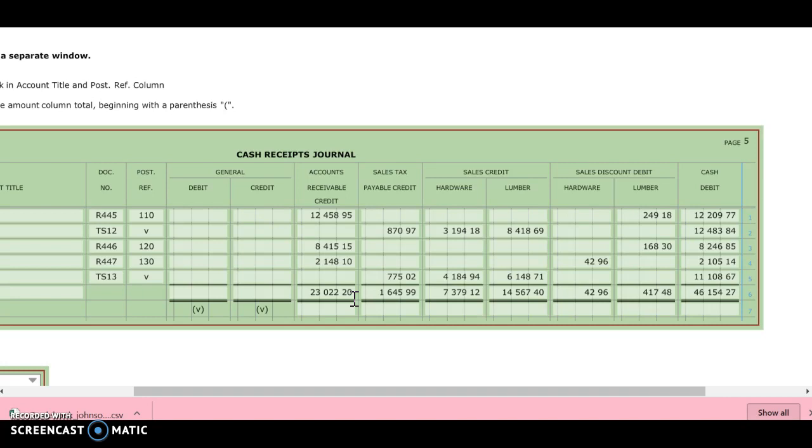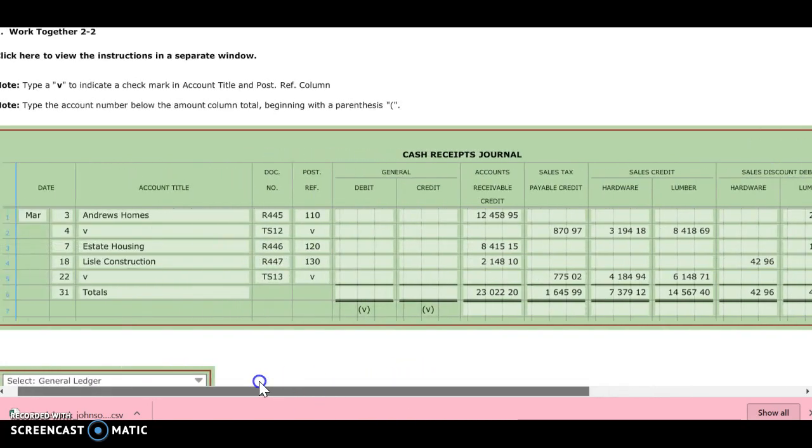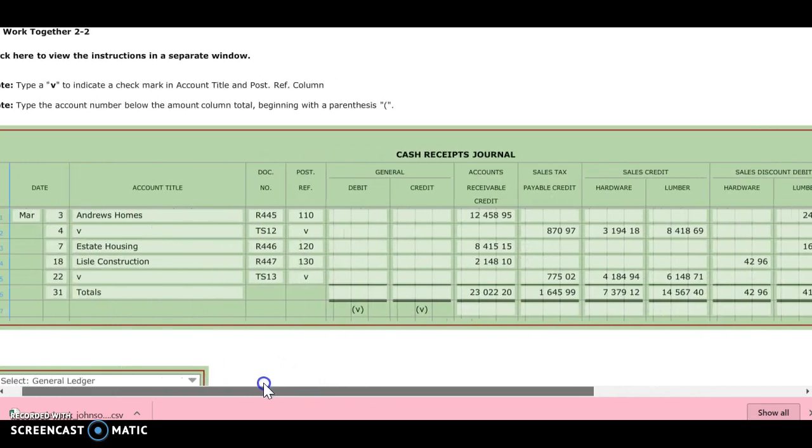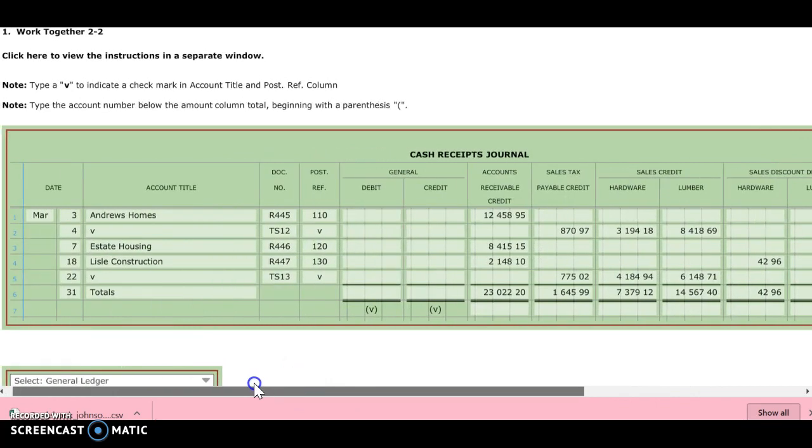And I do find that those are equal. Now, it's really important that you do that because that will help you catch any mistakes that you have. Okay, so once I found that my debits equal credits, my next part two is I'm going to post those totals to the general ledger.